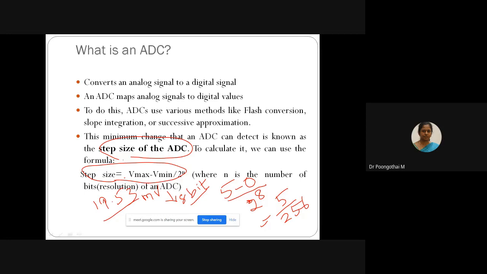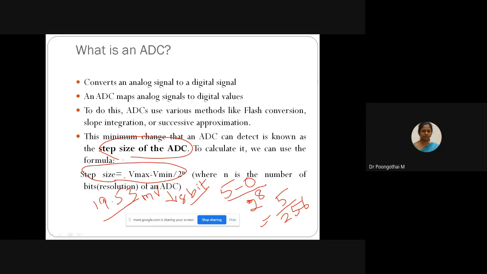It's a very important parameter of your ADC IC: V max minus V min divided by 2 power n, where n is the size of your analog to digital converter IC. Assuming maximum voltage 5 and minimum voltage 0 divided by 2 power 8, 5 divided by 256 gives 19.53.